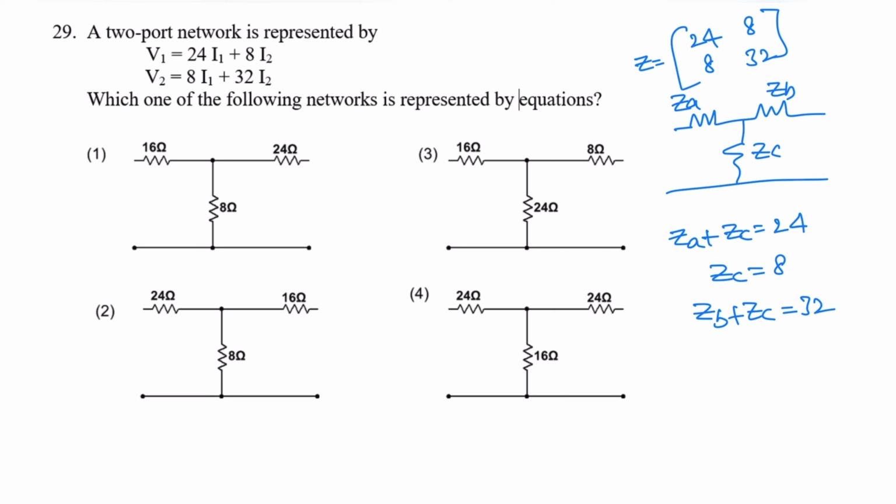On calculation, we will get ZA is 16, ZB is 24, and ZC is 8. So correct option is 1, ZA is 16, ZB is 24 and ZC is 8.